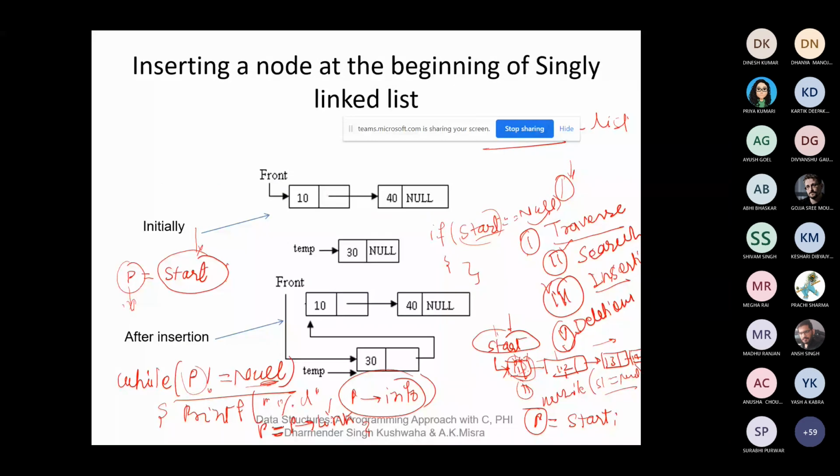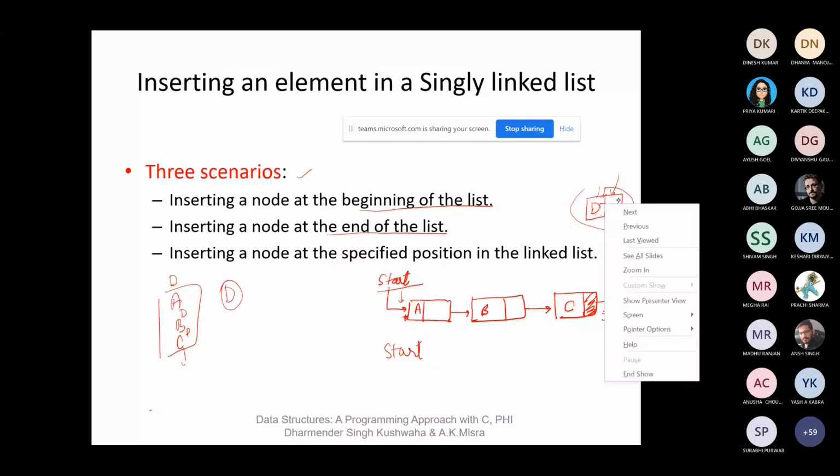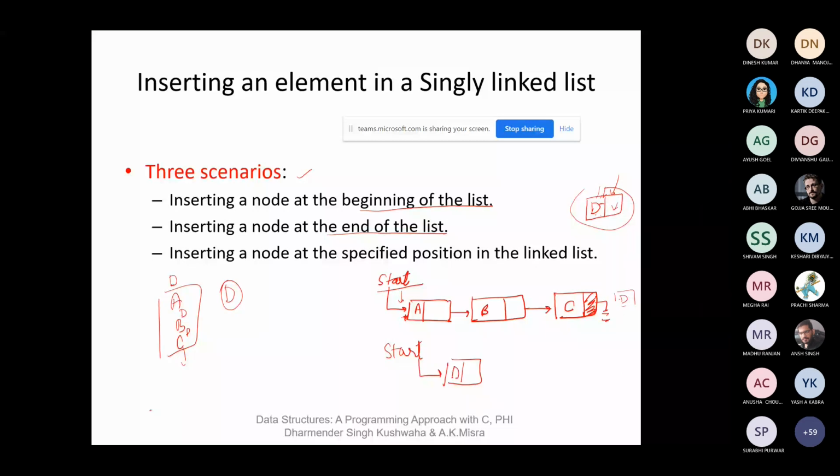At the beginning of the list, here you can see if we insert this element D at the beginning of the list, what will be the structure? Like start. Now, if you insert this element at the beginning of the list, then it will become the first node. So, this D, A, then B, then C. Like this.